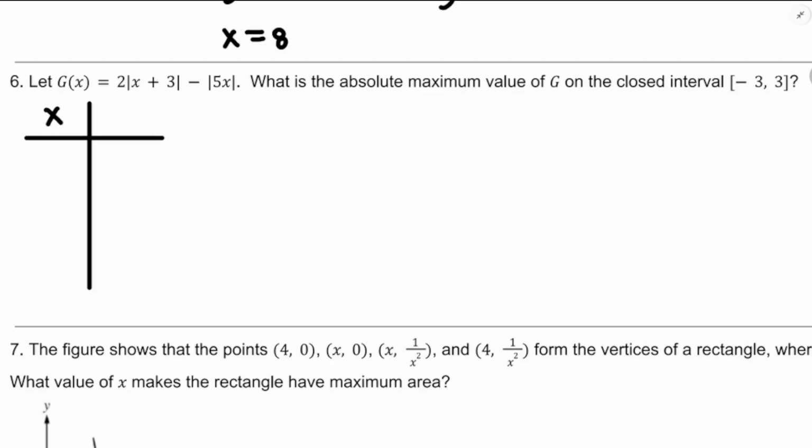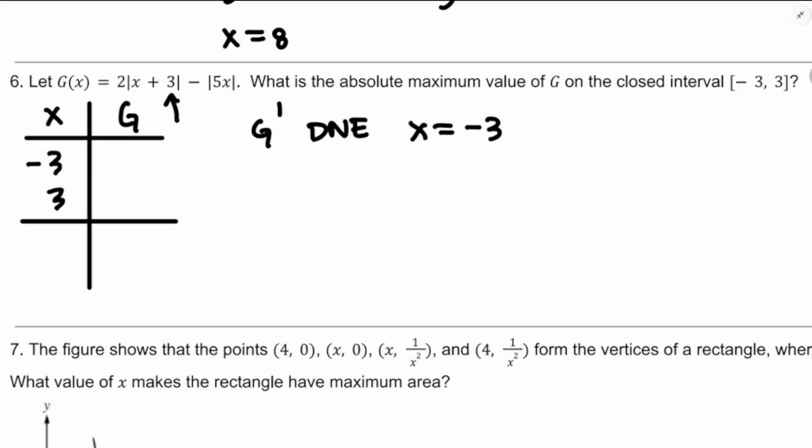Maybe there's something to be said for this, but I'm not seeing it, and I know these things can look all sorts of different ways, so I'm going to just use the candidates test: negative 3, 3, and we'll think about places where g is having a critical point. G prime is not going to exist at x equals negative 3 from that thing right there, and also at x equals 0 because of that.